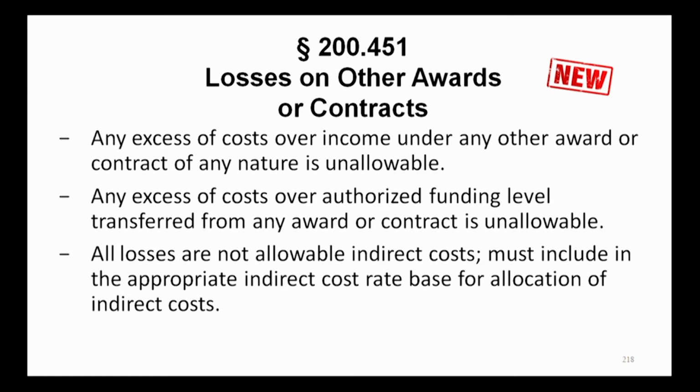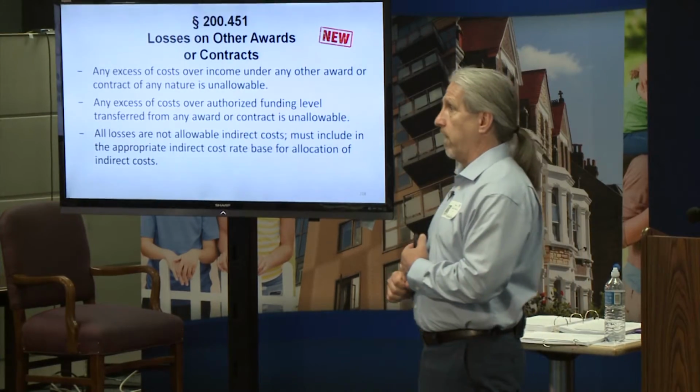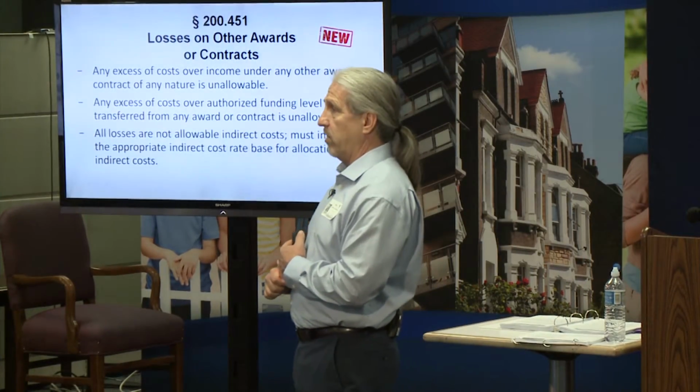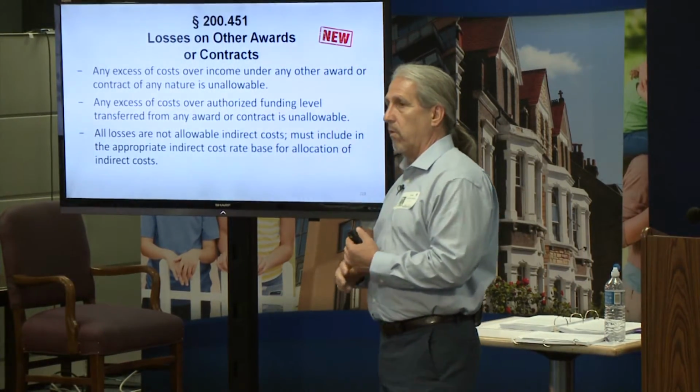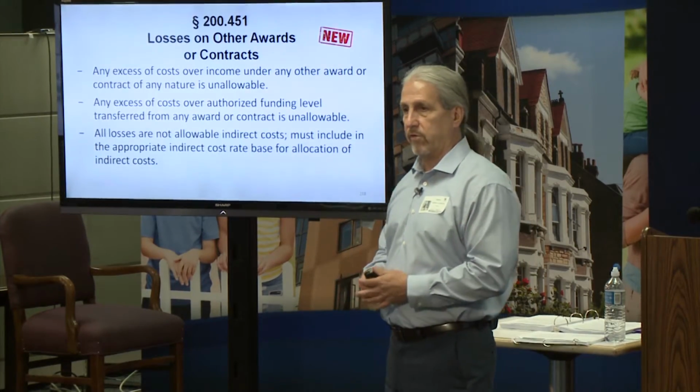And then all losses that are not allowable indirect costs must be included in the appropriate indirect cost rate base for the allocation of those indirect costs. So if we are recovering losses through our indirect cost pool, then it must be included in the indirect cost rate base for the appropriate allocation of those indirect costs.